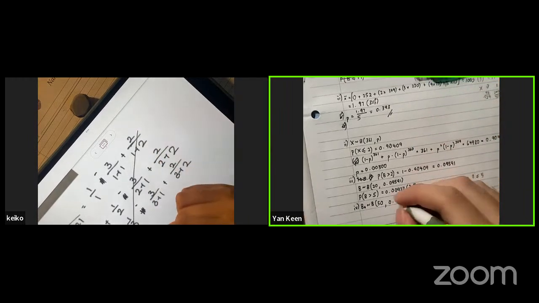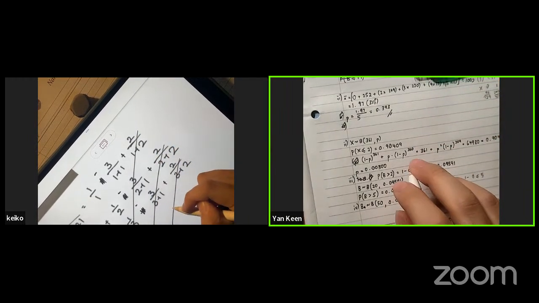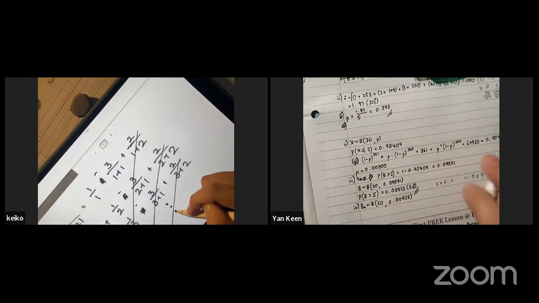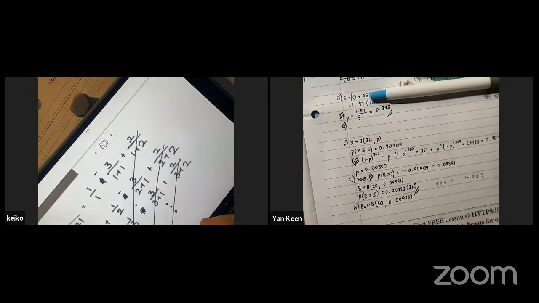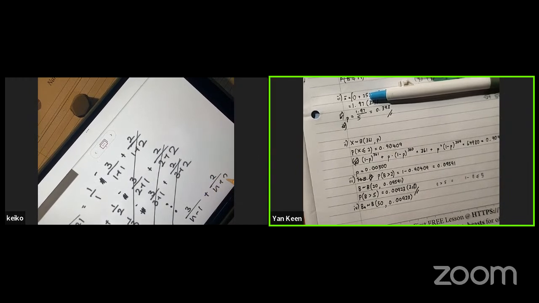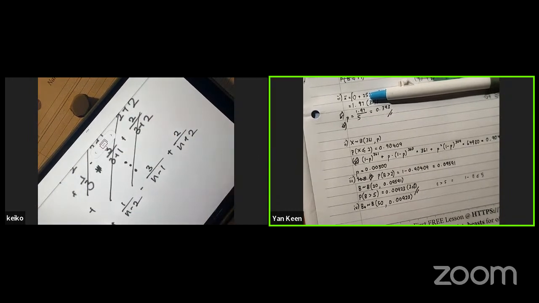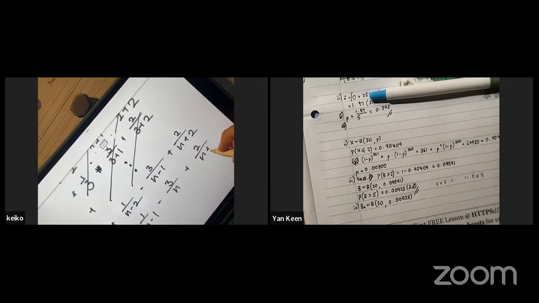This is the new binomial, which talks about 50 batches, and each batch has a 0.9% rejection rate. So that means 0.9% chance of rejecting each batch.